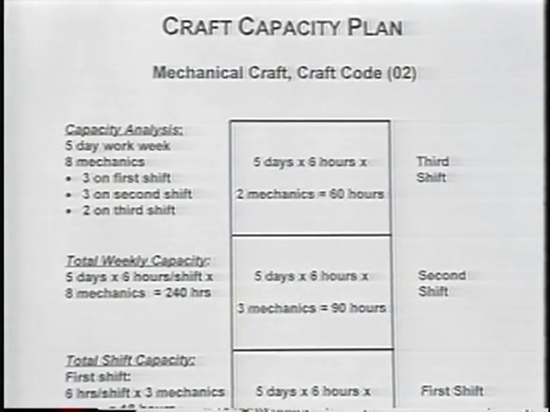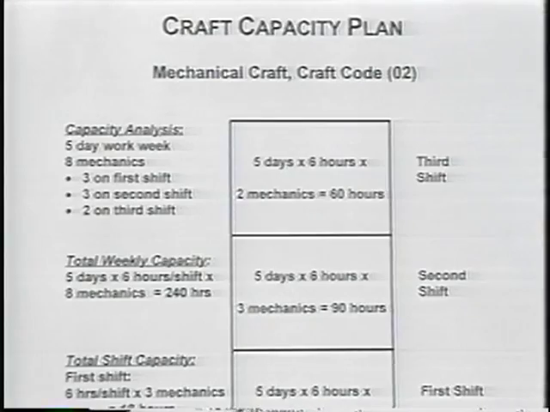Now on page 34 is the development of the craft capacity plan by week, then also by day and shift. And as you can see, starting on the left top, we have our capacity analysis.